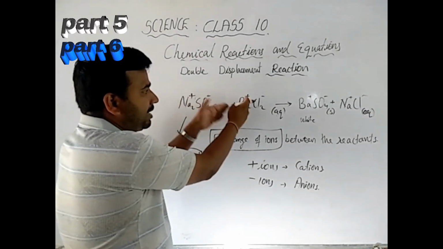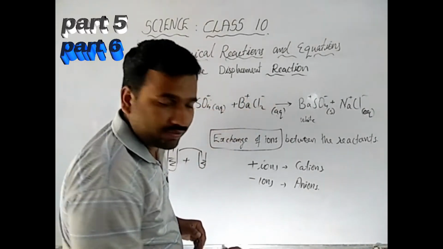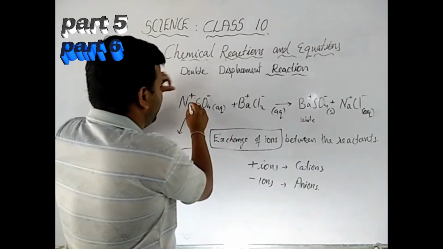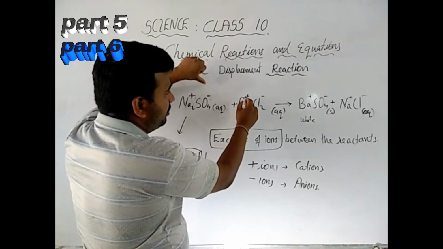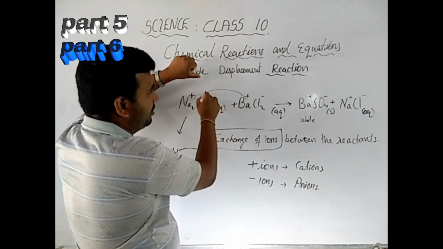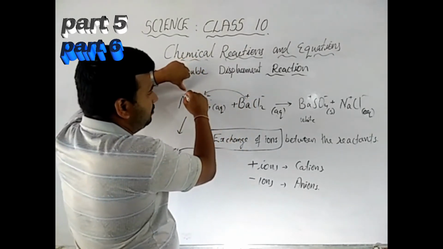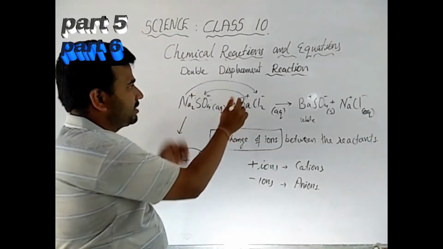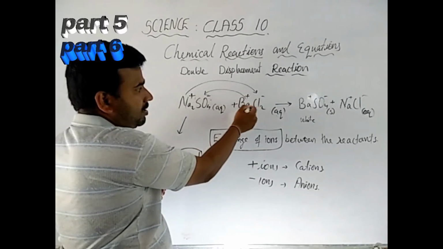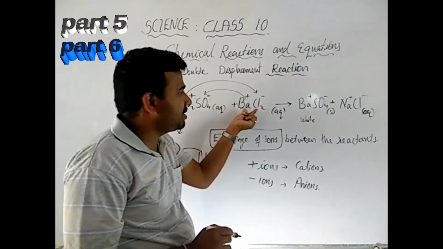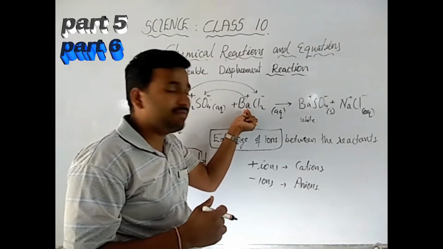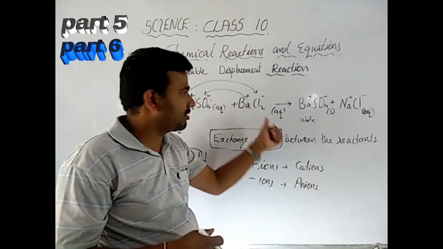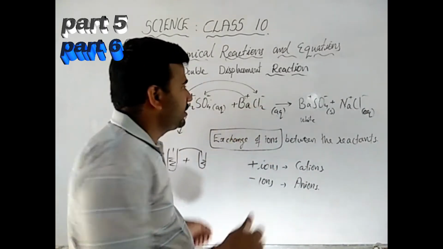There will be an exchange of ions between the reactants. As a result, we can see here that barium will take the sulfate radical, at the same time sodium will take the chloride radical. So they will exchange mutually. On the reactant side you can see barium chloride, the barium cation was associated with the chloride anion.